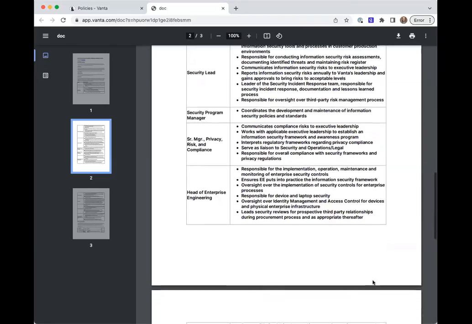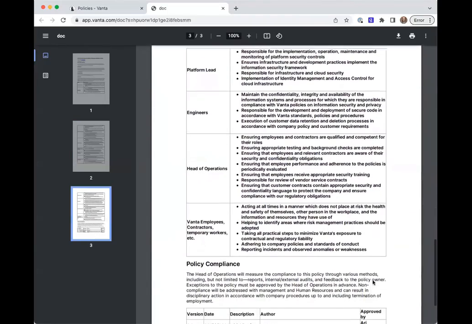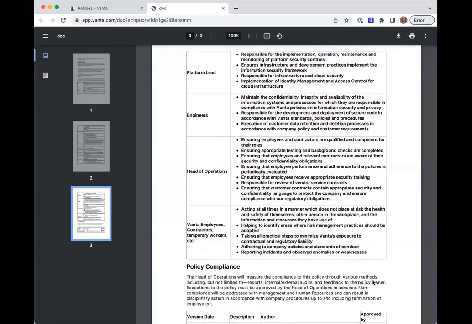But if you go further down, the one thing I would say is you should probably have a generic-ish bucket at the bottom for all employees, contractors, et cetera, which is basically, hey, you're going to follow the policies and not break the rules, and maybe report things that you see. That's pretty much it. So again, as is commonly the case in information security, it's doing the thing that's the most important. So you've assigned roles and responsibilities.